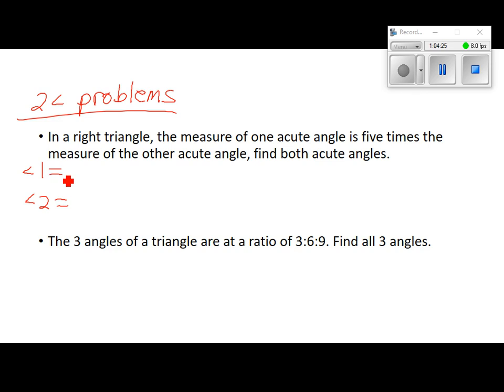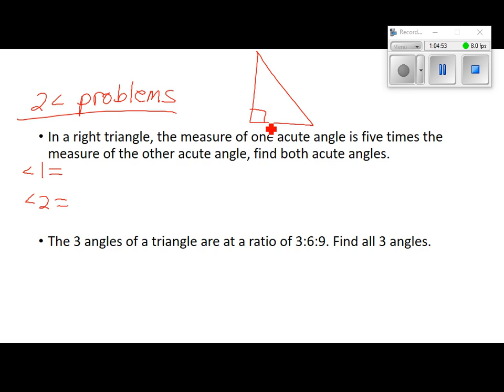Write that on your paper. In a right triangle. So if it helps you, what kind of triangle are we going to draw? A right triangle. In a right triangle, the measure of one acute angle is 5 times the measure of the other acute angle. Find both acute angles.